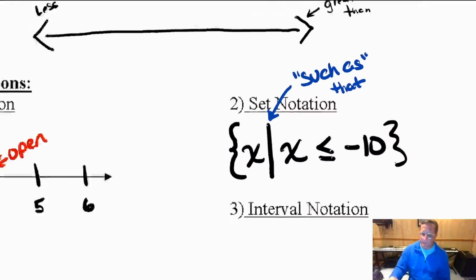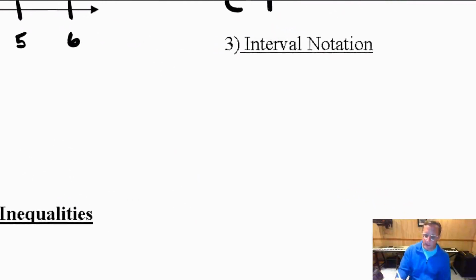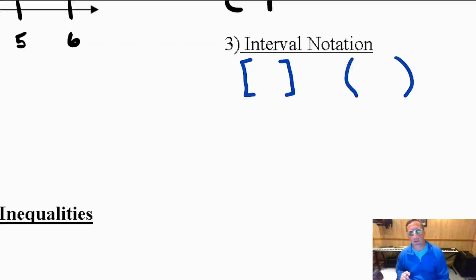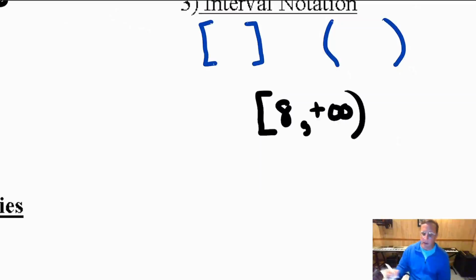Interval notation can be tricky, and we're going to get to this, but sometimes we use brackets, and parentheses are going to be used for other things too. But in interval notation, you can have an answer that looks like 8 and then positive infinity, which represents x is all numbers such that it's greater than or equal to 8.